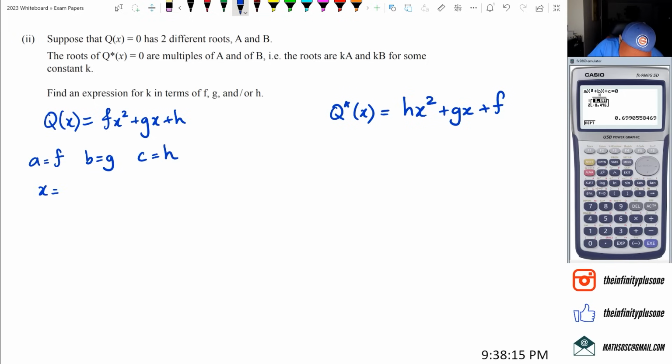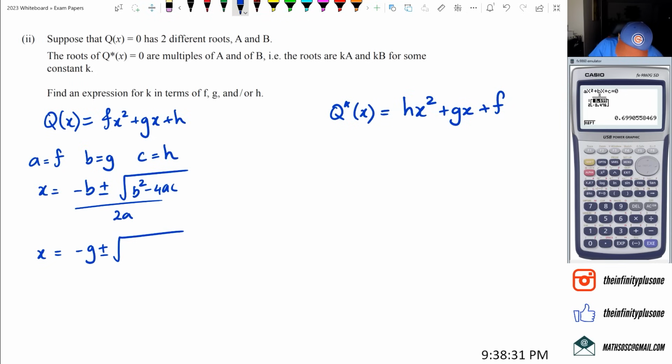So I've got x is equal to minus b plus or minus the square root of b squared minus 4ac, over 2a. Remember that x is my solutions, so it could be a or b. So I've got x is equal to minus g plus or minus the square root of g squared minus 4f, c is h, divided by 2f. Now, we don't know what a is and b is, right?